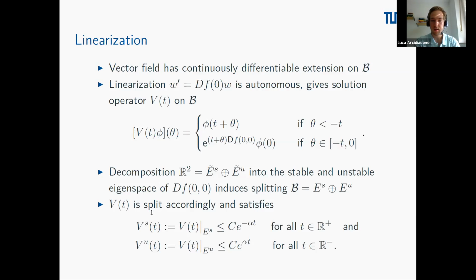And on these spaces, the restriction of the solution operator onto each of the spaces is exponentially decaying in forward time for the stable one and decaying in backward time for the unstable space.